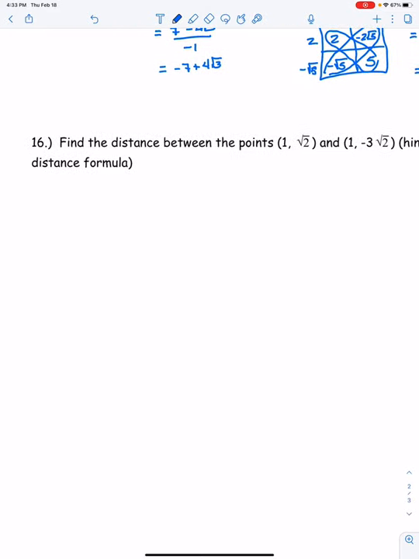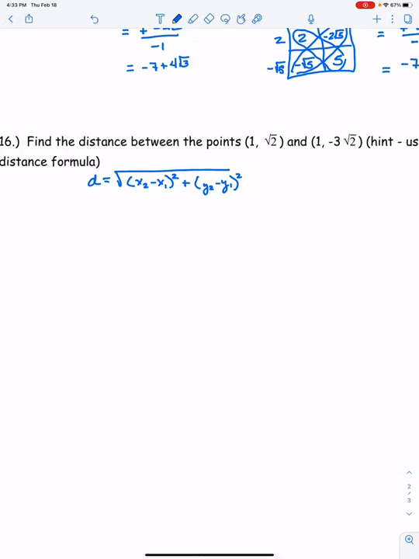If you remember from when we learned the distance formula, the distance formula is d equals the square root of x sub 2 minus x sub 1 squared plus y sub 2 minus y sub 1 squared. Okay, so let's look. This is going to be x1, y sub 1, x2, y sub 2. So let's go ahead and substitute in our numbers.